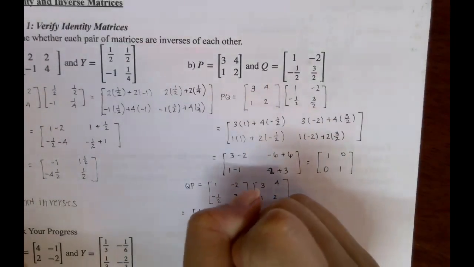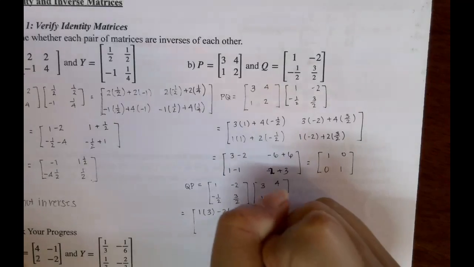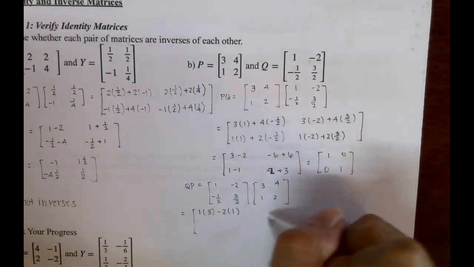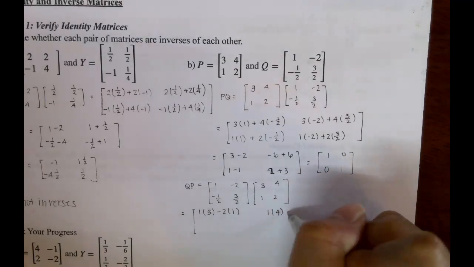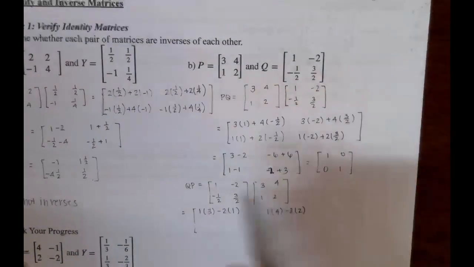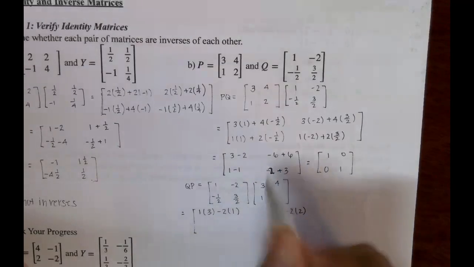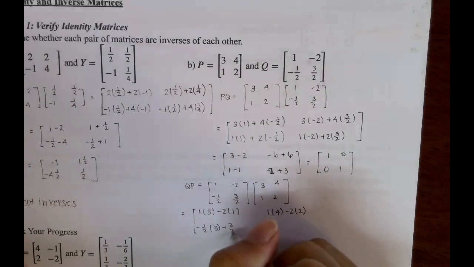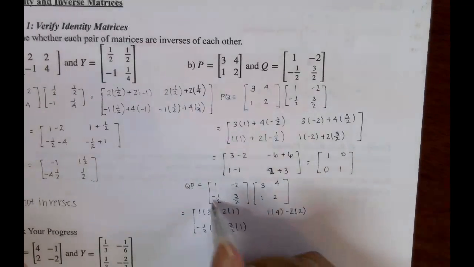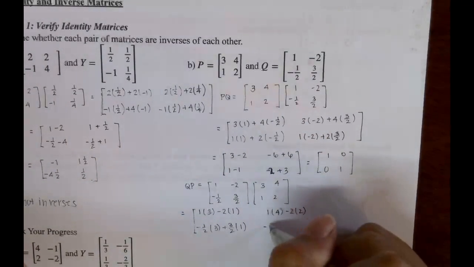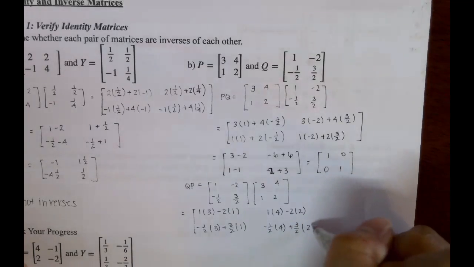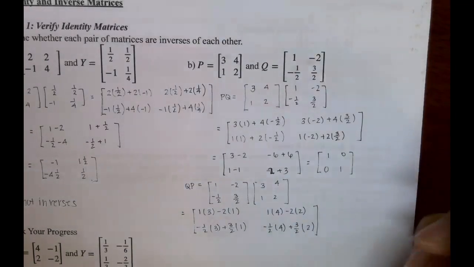So 1 times 3 minus 2 times 1. Then first row, second column, 1 times 4 minus 2 times 2. Then second row, first column, negative 1 half times 3 plus 3 halves times 1. And then second row, second column, negative 1 half times 4 plus 3 halves times 2.